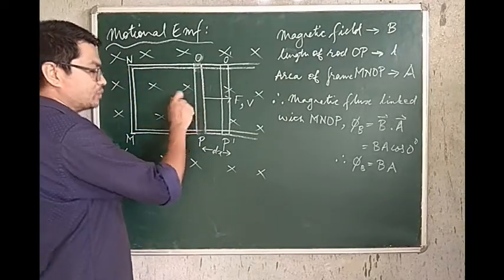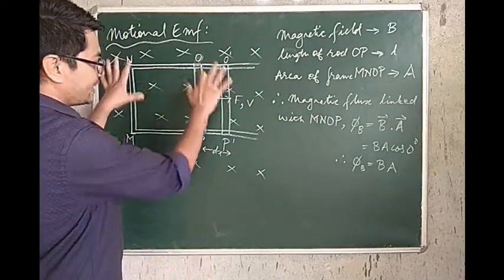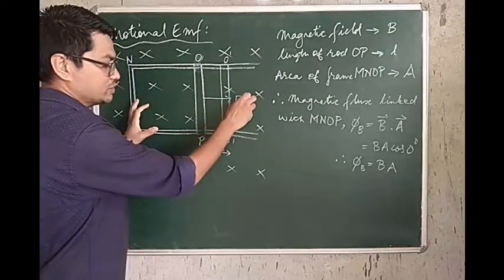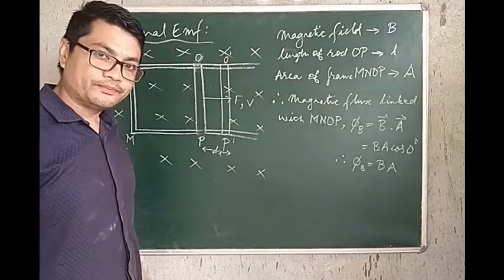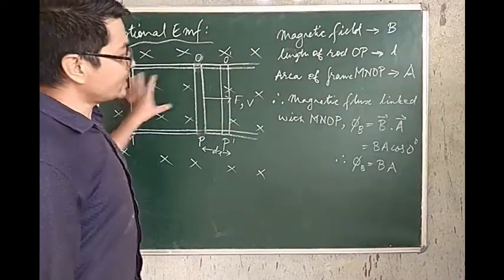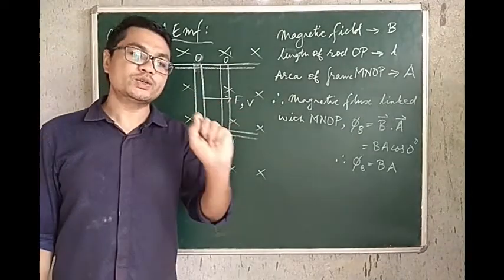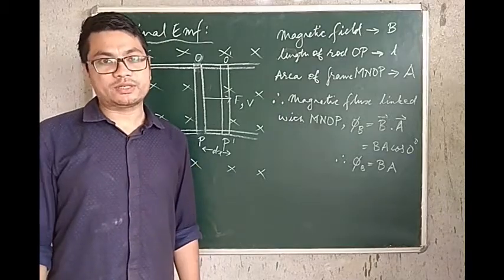So when this strip moves towards the right hand side, what is happening? The area is changing. So since the area changes, the magnetic flux linked with the area is also changing. Whenever the magnetic flux linked with the area changes, we know from Faraday's laws that an EMF is induced.